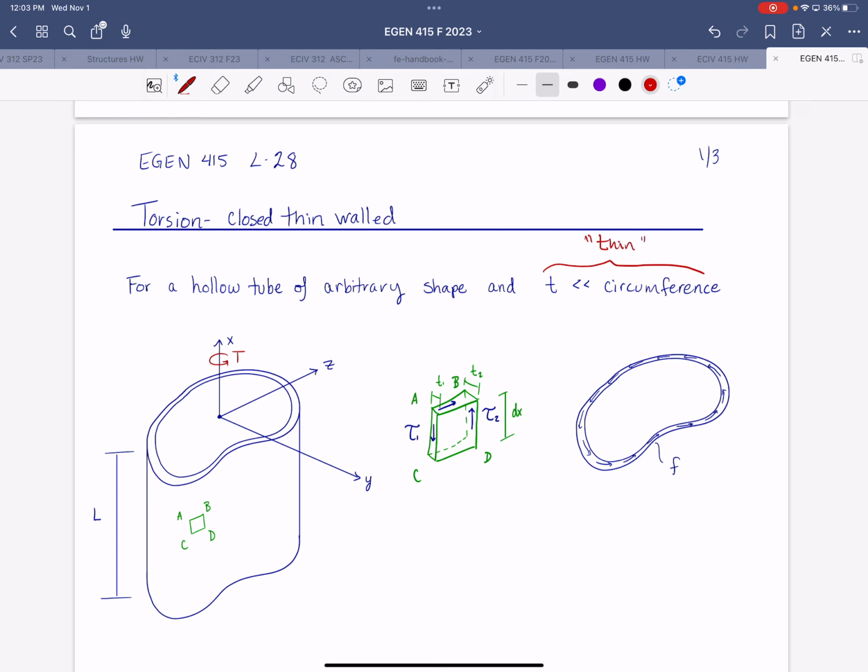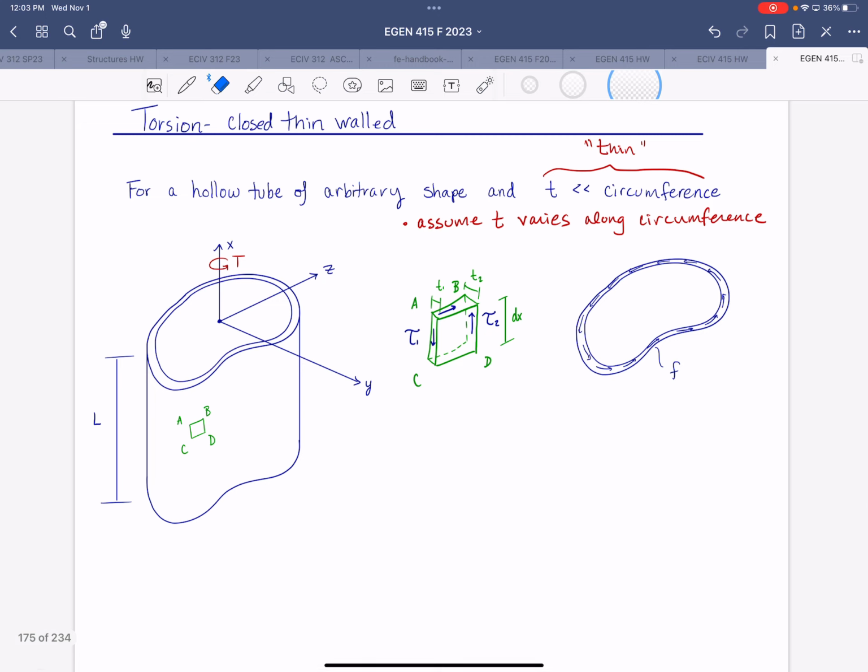We are also going to assume that the thickness varies along the circumference. So this will allow us to develop a general solution for these types of problems. And then it will simplify if we have a section that has a constant thickness. But if it varies, we'll still be able to solve for it.